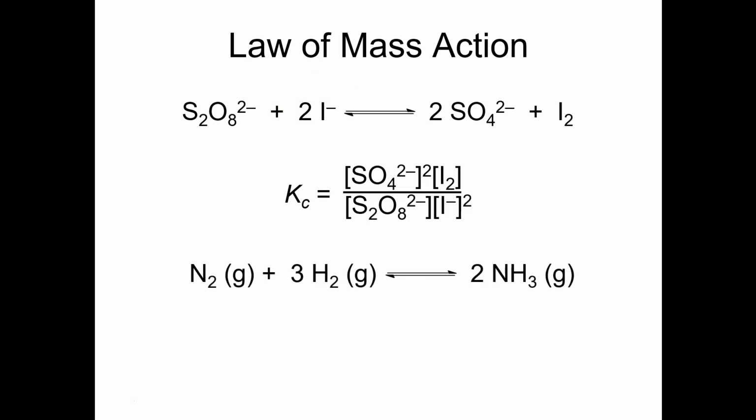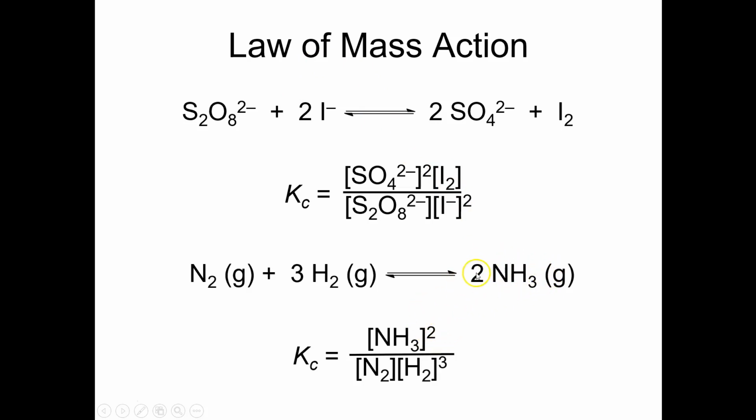Let's try one more. I talked earlier about this Haber process, which is the synthesis of ammonia from nitrogen and hydrogen. Try writing an equilibrium constant expression, a Kc expression, for this reaction. Well, there's only one product, although there's 2 moles of it, and therefore we raise it to the second power.